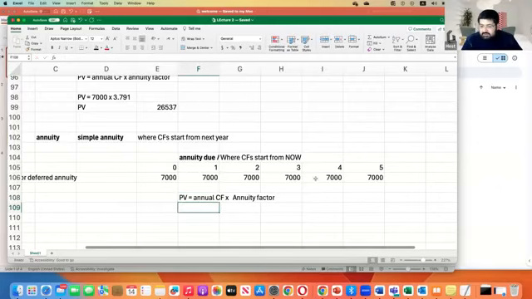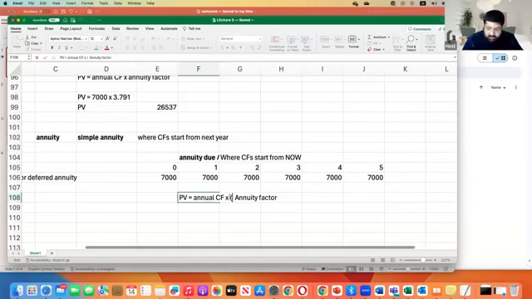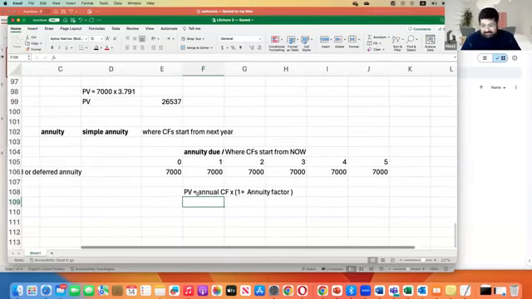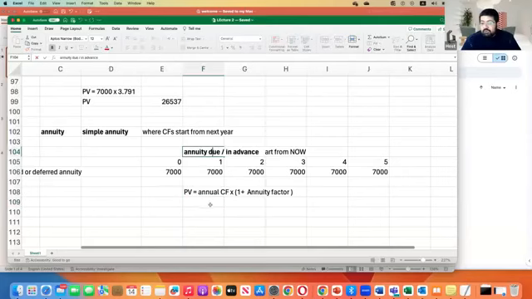And for year 0, discount factor is 1 plus annuity factor. So this is annuity due or advance.